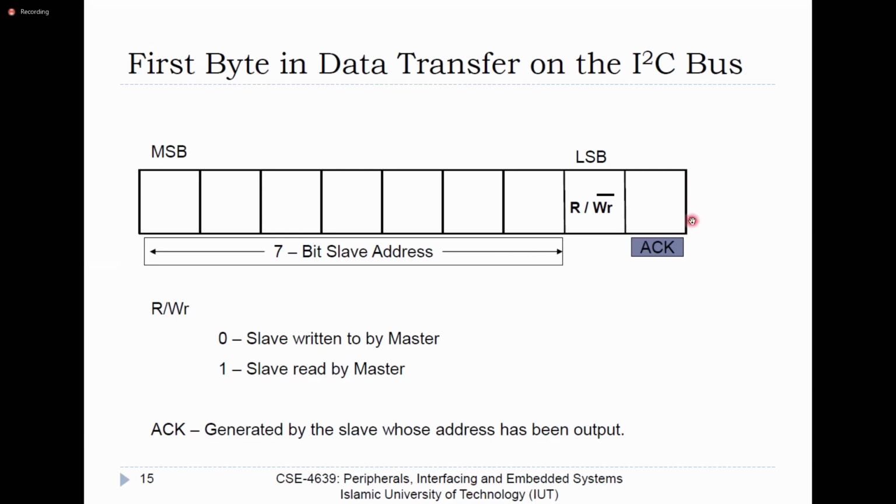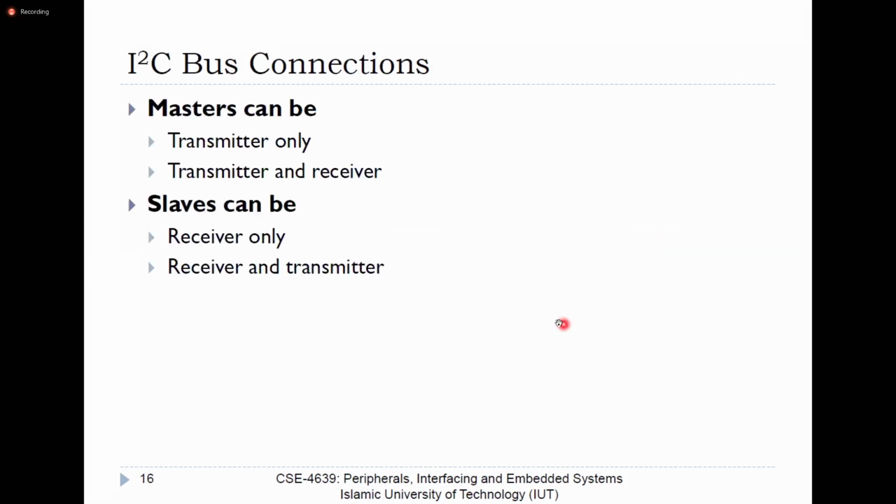And afterwards, the slave sends one acknowledgement signal. So the master can be a transmitter only, or the master can be a transmitter and just after that receive, because the master is controlling. And oppositely, when the master is transmitter only, the slave will be receiver only.